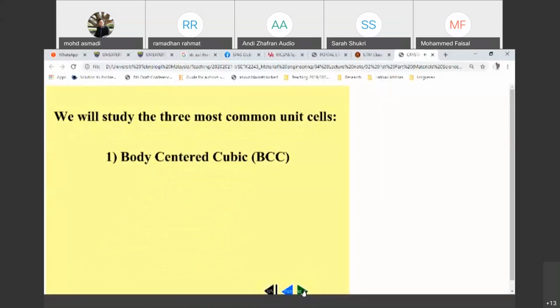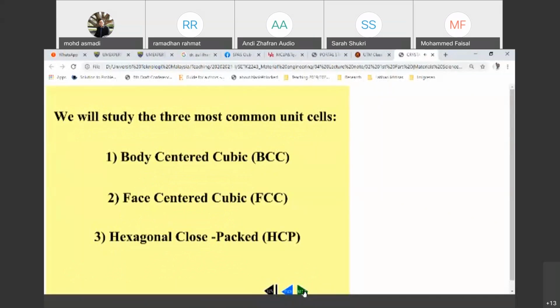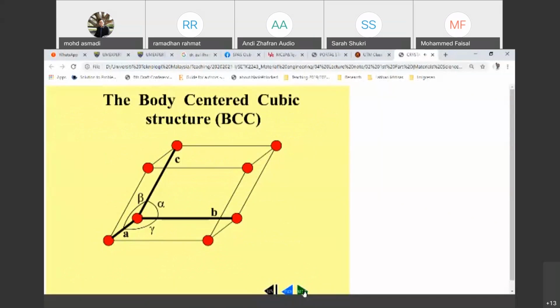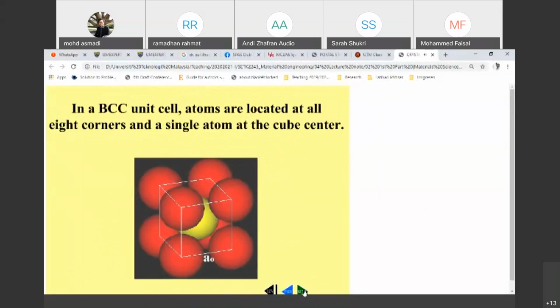We will study the 3 most common unit cells. 1. Body-centered cubic. 2. Face-centered cubic. 3. Hexagonal close packed. The body-centered cubic structure, or BCC. In a BCC unit cell, atoms are located at all 8 corners and a single atom at the cube center.